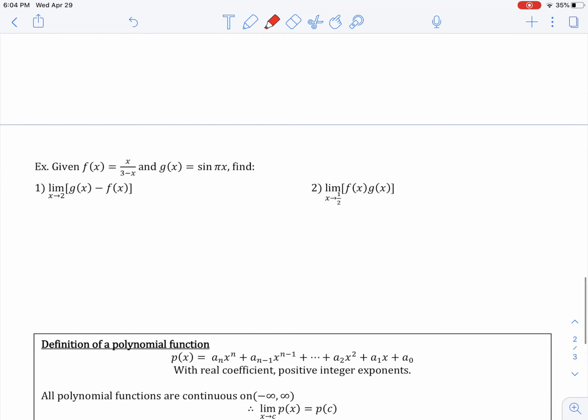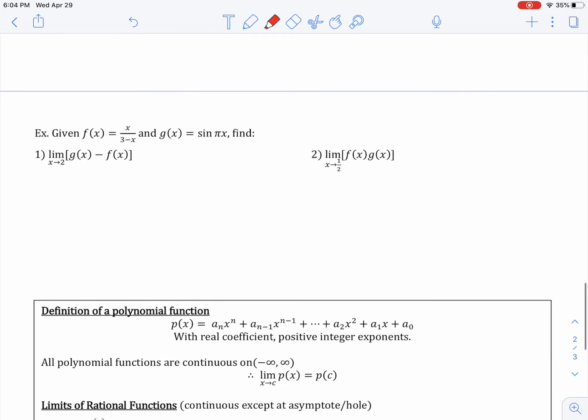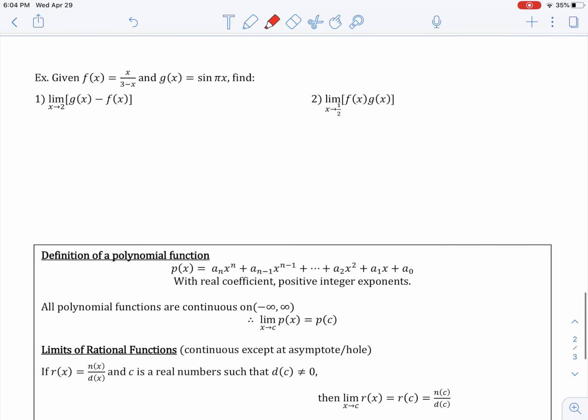All right, now let's look at a few more problems now once you've reviewed those properties. If you review those properties, it turns out there are certain things that we can do with our functions. So given our functions here, f of x and g of x, if we're asked to find the limit of g of x minus f of x, you could sit there and you could try to find the result of subtracting f of x from g of x.